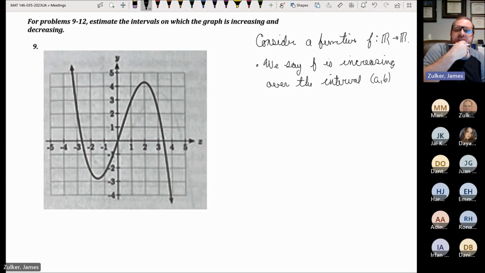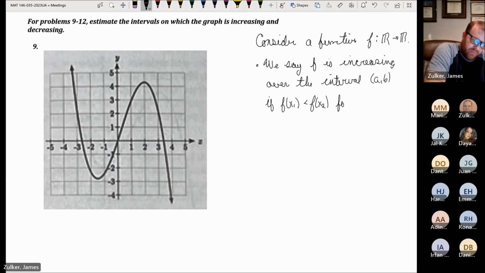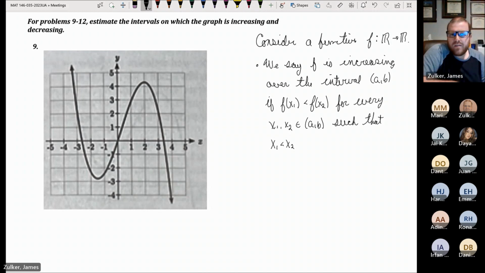We say a function is increasing over an open interval (a, b) if f of x1 is less than f of x2 for every x1, x2 in the interval, such that x1 is less than x2.